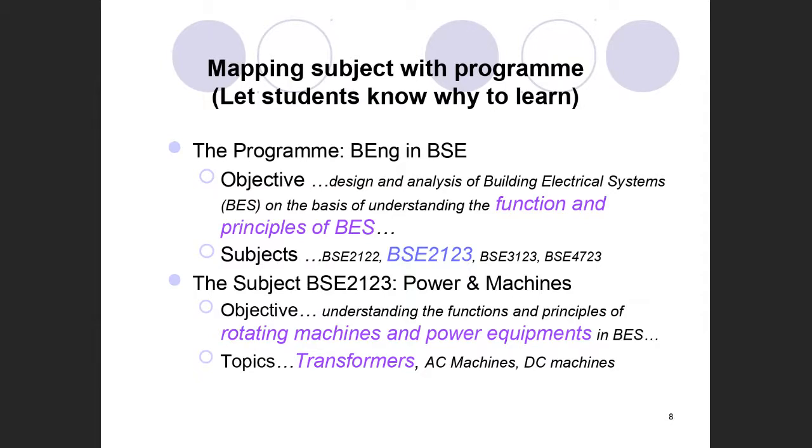The first one is the power distribution machines, that's the transformers. The second one is the AC power machines, including the motors and generators, which use or output AC power. And then the DC machines. We have DC motors and DC generators that use or output DC voltage. So we have 3 big parts.